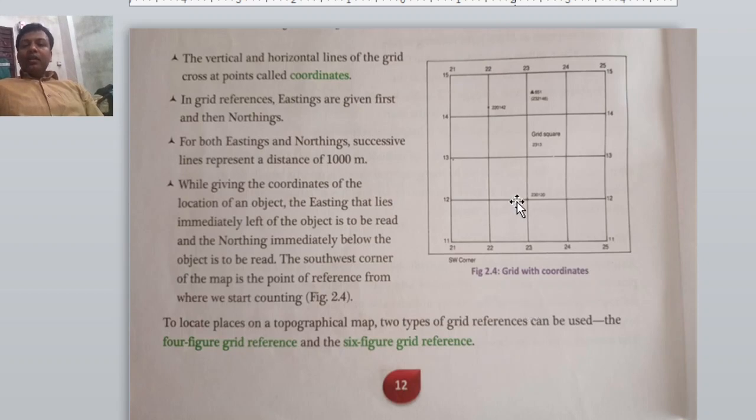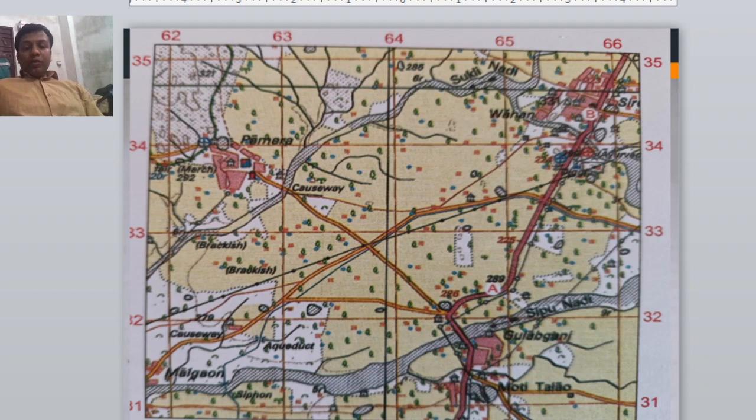When vertical and horizontal lines of a grid cross at a point, it is called a coordinate. The grid reference is written with easting first. If you go through the grid lines, you read easting first, after that northing. That means in your grid system you read it like 62 31. 62 is easting and 31 is northing. This is all about the four-figure grid reference we are going to deal with today.